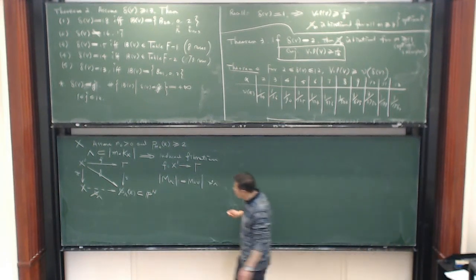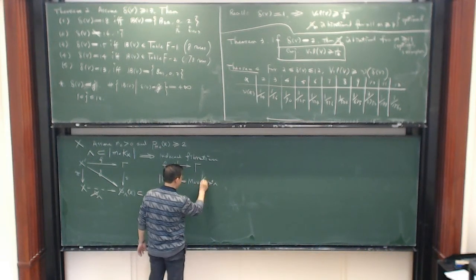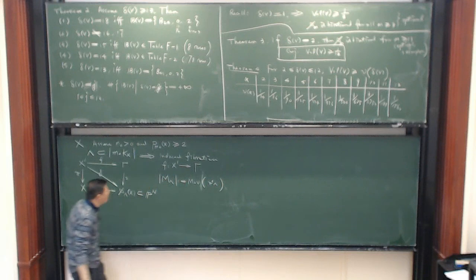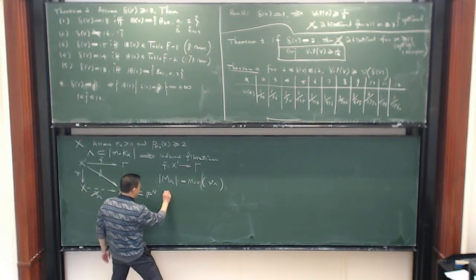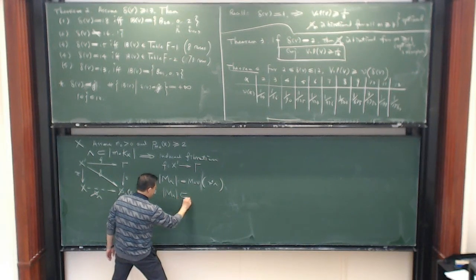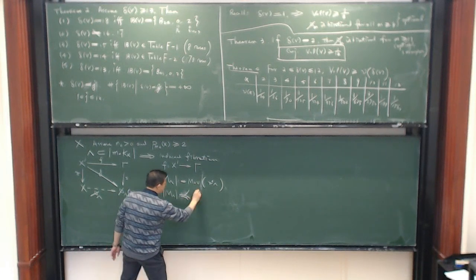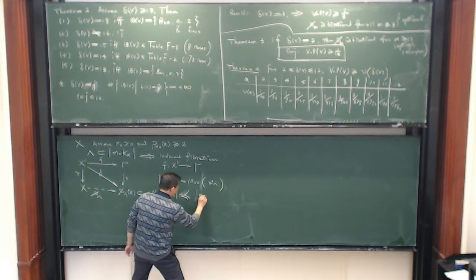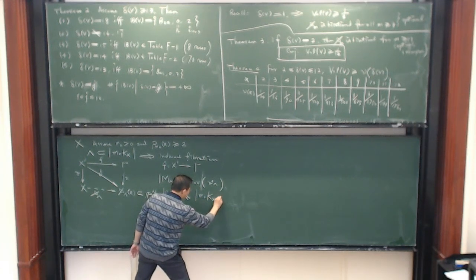Okay, so let me write this. And of course, then you get M lambda is smaller than the M naught of K x prime.